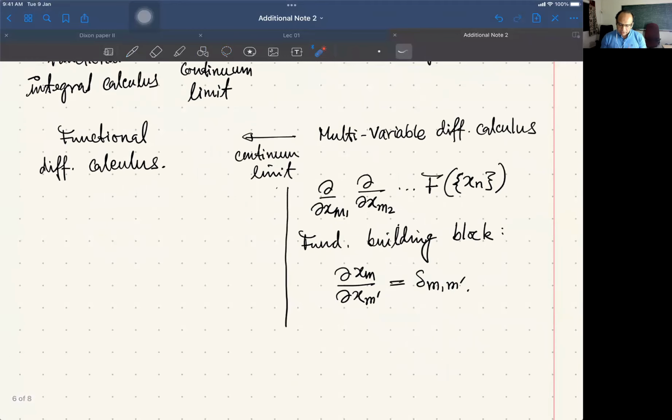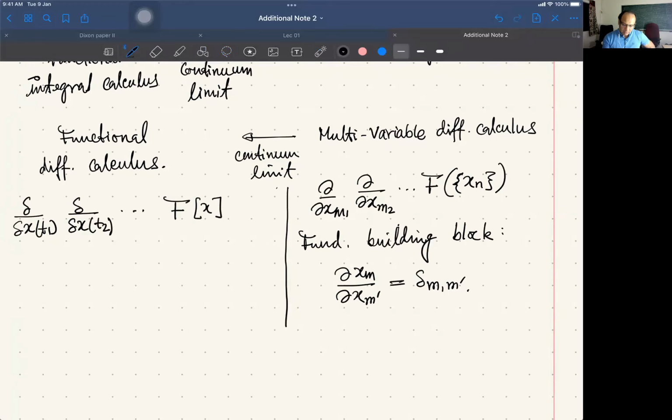So if I just write that in the continuous version of the same thing, then we will have derivative with respect to x of t1, derivative with respect to x of t2, and so on, acting on the functional of x.